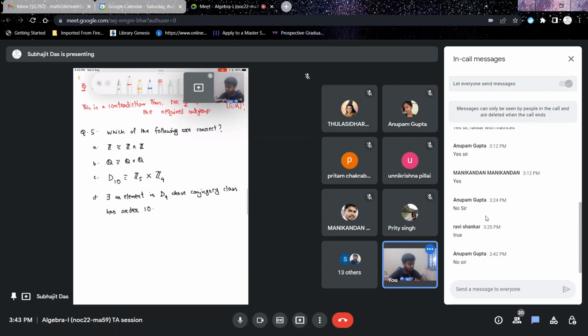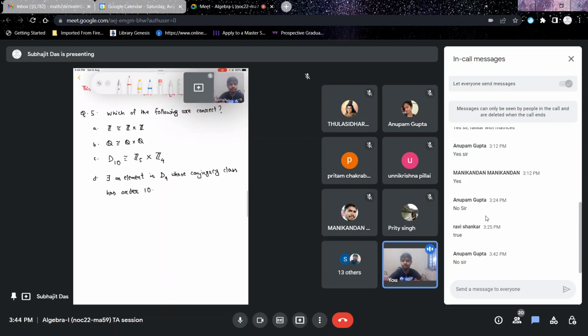Statement A is that Z is isomorphic to Z cross Z. B is Q is isomorphic to Q cross Q. Statement C is D10 is isomorphic to Z5 cross Z4. And statement D is there will exist an element in D9, where D9 means the dihedral group, whose conjugacy class has order 10. So what do you think? Which of the following statements are correct?